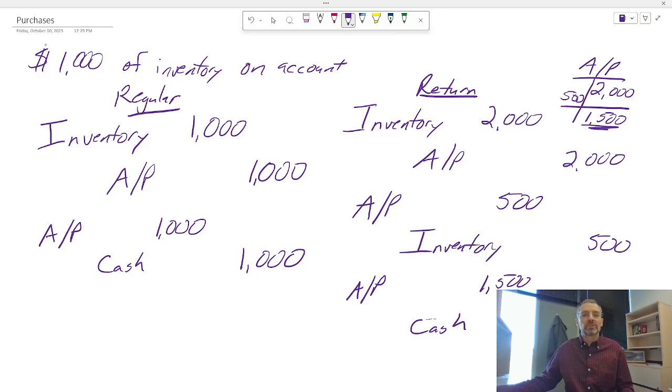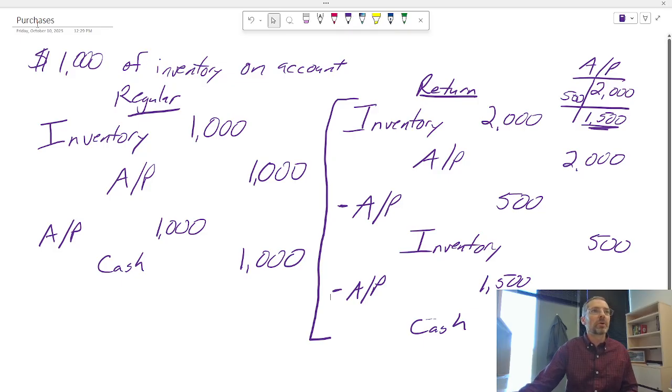If we return the inventory after we pay the bill, then they will probably be giving us cash instead of credit on the bill that they send us. Either way, you might have to look at it, but this is the most likely pattern that you'll see in the homework, where we get the inventory, we return some of it, and then we pay off the remainder of the bill. All right, so let's keep going here.